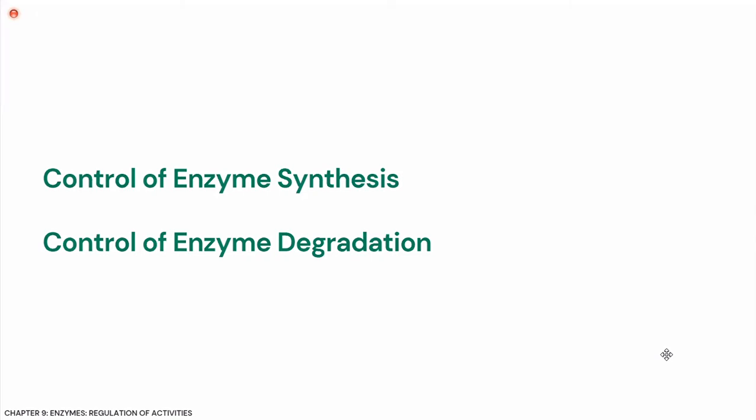So control of enzyme synthesis, again, is raw material. If you control the raw material for making the enzymes, you can control the synthesis of the enzymes. And of course, the integrity of the capacity of the cell to do protein synthesis.